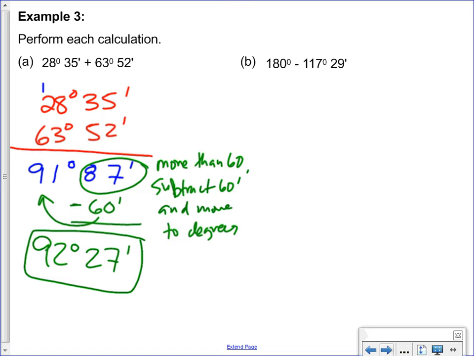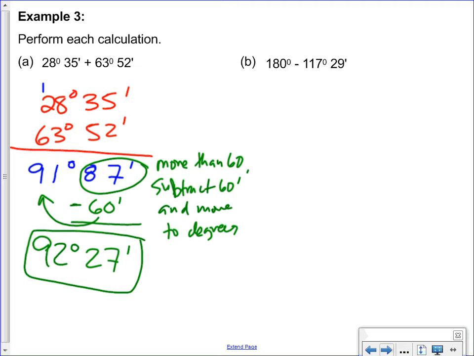For minutes and seconds, anytime you go over 60, it has to transfer to the next spot. Does it make sense? Okay. Remember, you have to line up degrees, minutes, and seconds in order to do this.